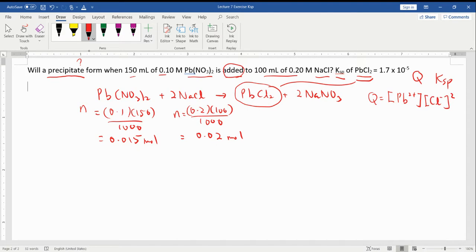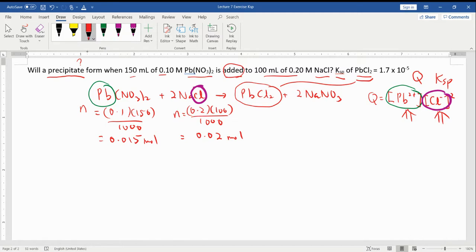So where do we get these two concentrations? Let's refer back to the reaction again. The Pb lead ion will come from lead nitrate. Then chloride ion will come from sodium chloride.